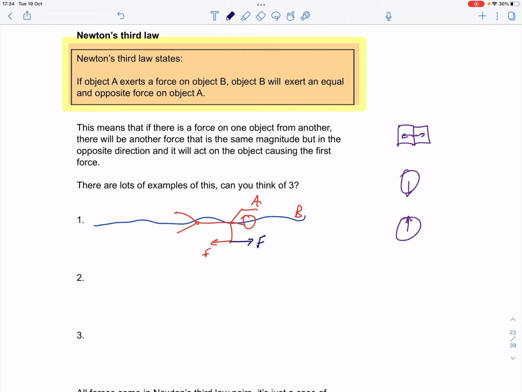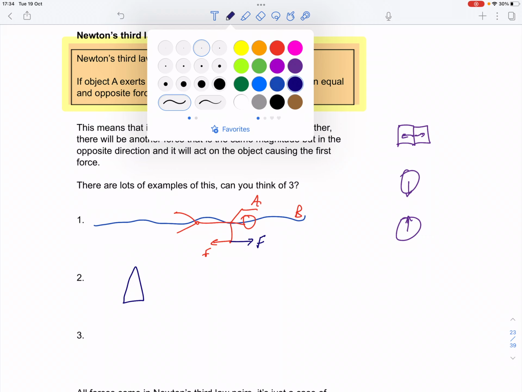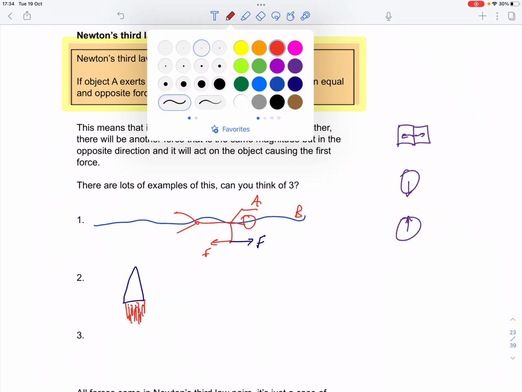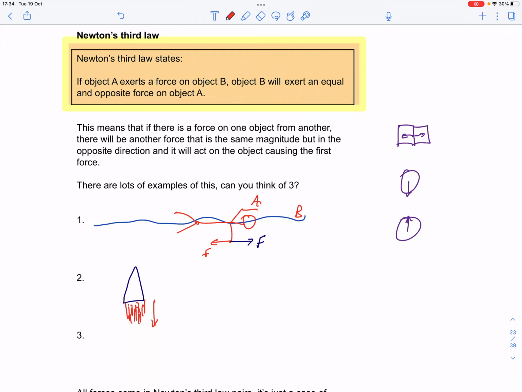Similar example to, well, let's take the example of a rocket, which is a classic example of Newton's third law. Here's a rocket, and what's happening with the rocket is that the rocket is expelling the exhaust fumes and the burnt fuel out of the back of the rocket. So the rocket is effectively applying a force to the fuel when it's being burned in the downward direction, pushing the exhaust gases downwards out of the rocket.